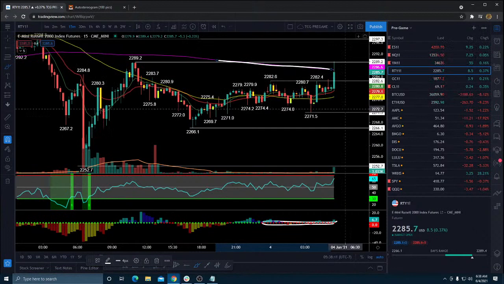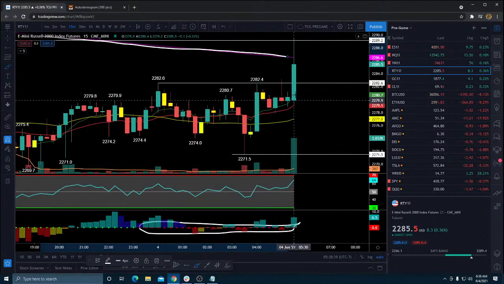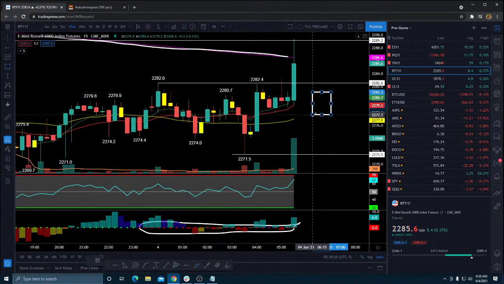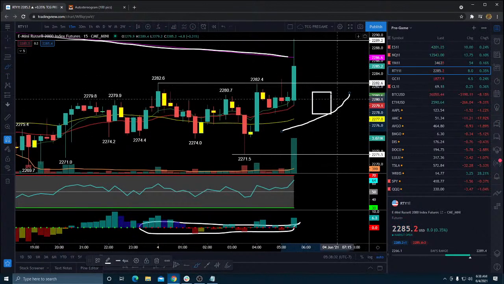All right. On a closing basis, so Kevin, it's candle close above. So to make it simple, we need to have a candle close above. Let me draw it. So if this is the candle, my drawing skills, y'all know, are limited. We just need a candle close above.